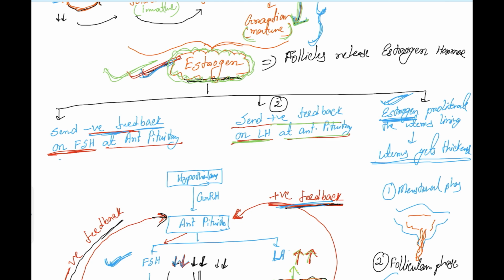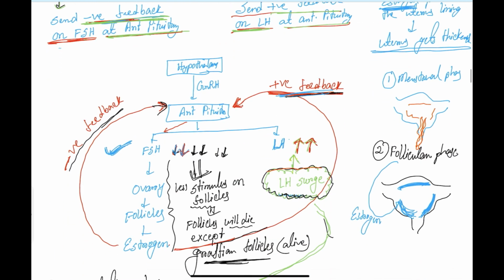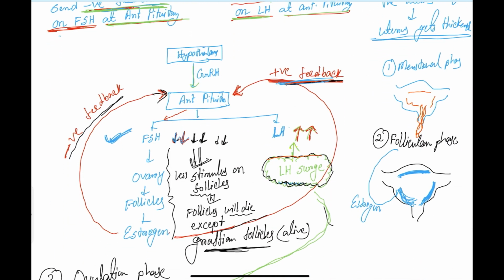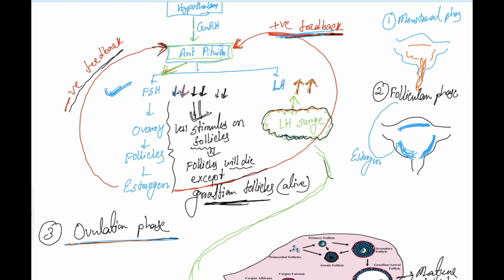Estrogen has a total of 3 functions in the follicular phase. What are those functions? First, estrogen sends negative feedback to your anterior pituitary. What is the negative feedback? It decreases the FSH hormone. Why? Because the hypothalamus is continuously secreting GnRH. As a result, the anterior pituitary releases follicle stimulating hormone. Now FSH stimulates all the follicles, and all follicles secrete estrogen.